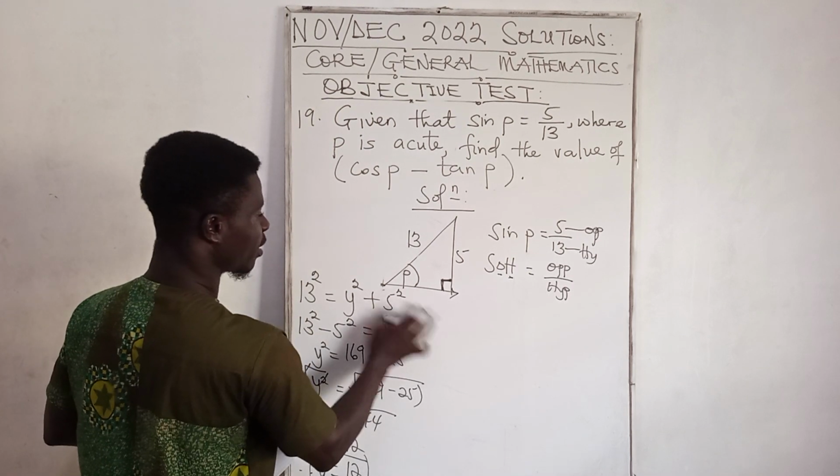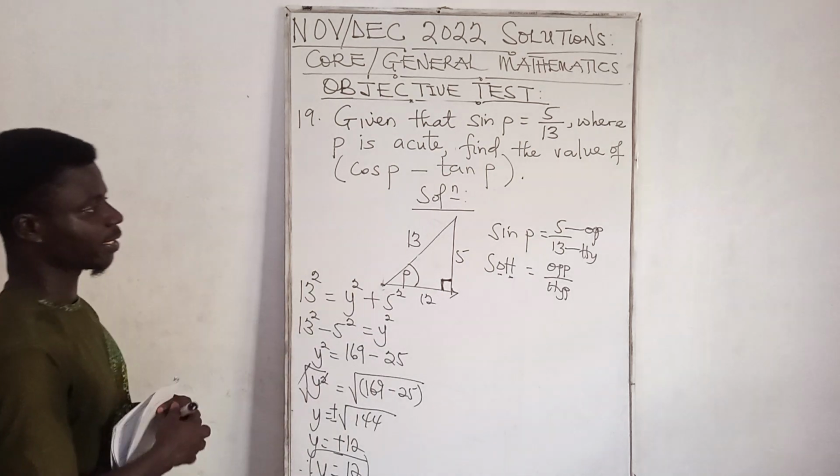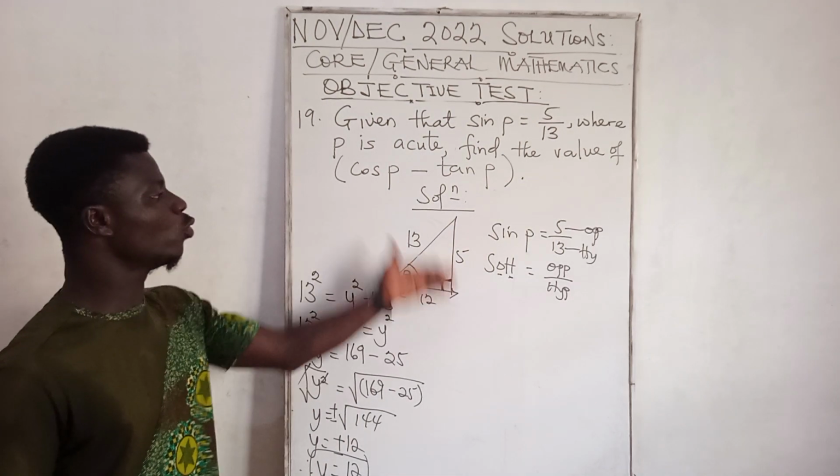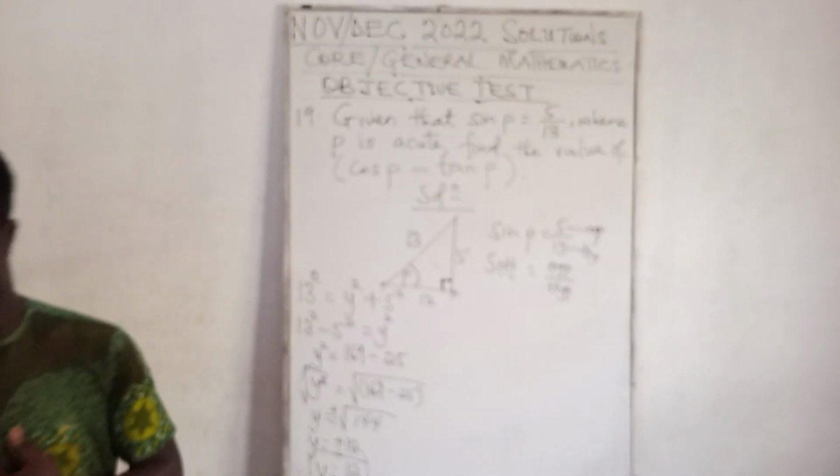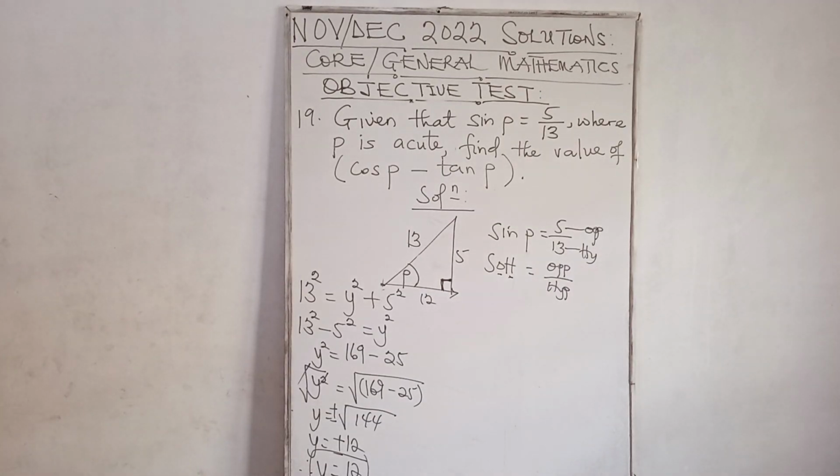So here is 12, and we now know all the sizes of this right-angled triangle.